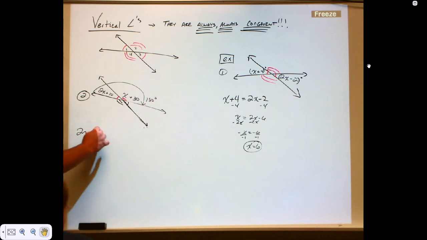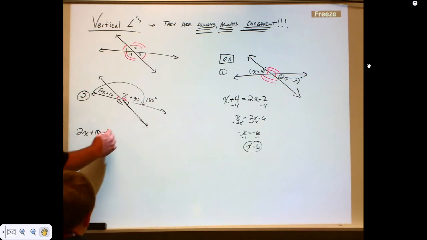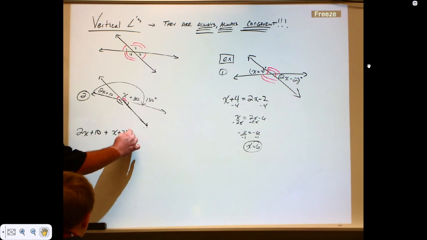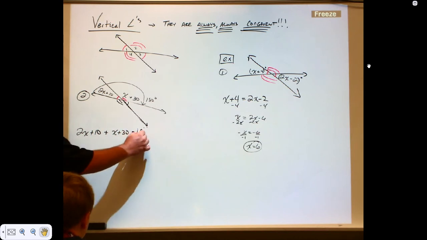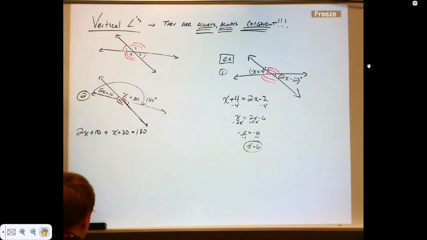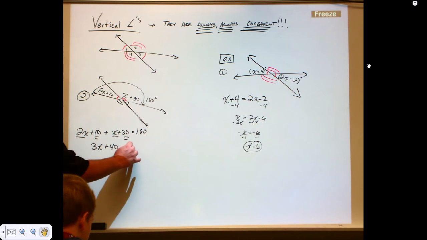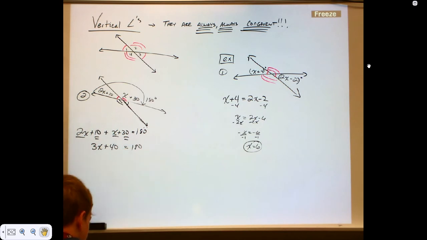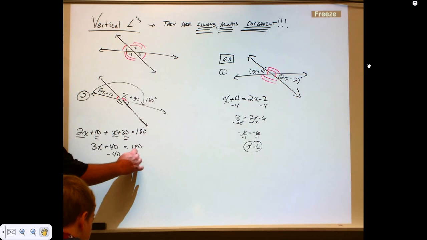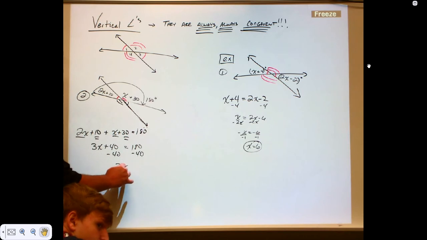So how can I relate those two things there? 2x plus 10 plus what? Is equal to? Have I created a valid equation? 3x plus 40 is equal to what? What am I going to do now? 3x is equal to what?